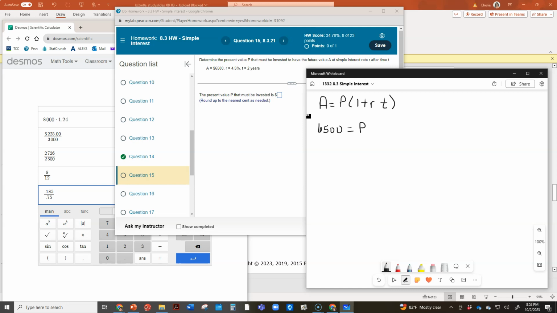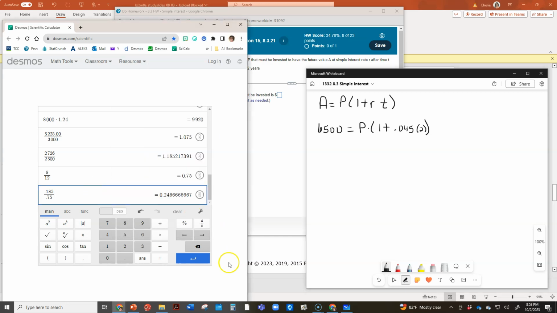We don't have a value for P, but we have 1 plus rate, 0.045, move the decimal 2 places, multiply that times 2. Okay, so this stuff inside the parentheses is being multiplied times P. Now you can go ahead and do that.